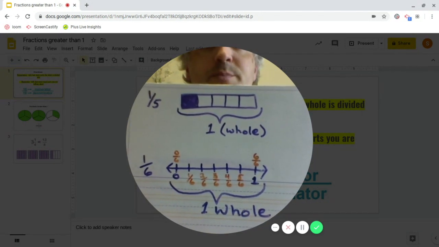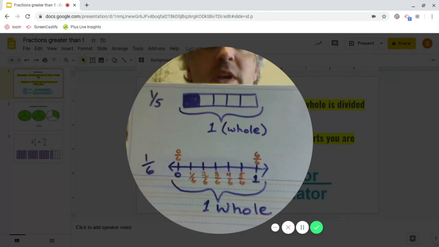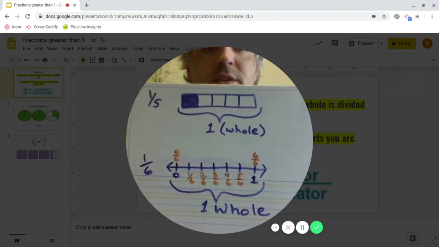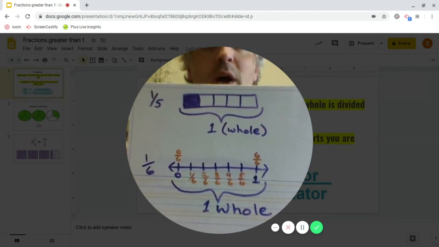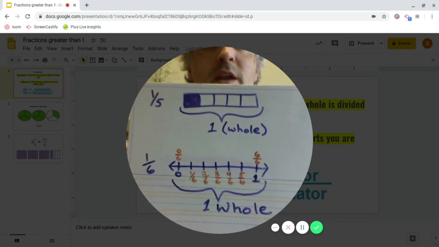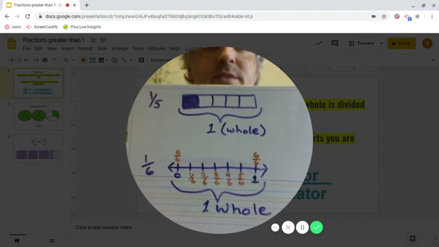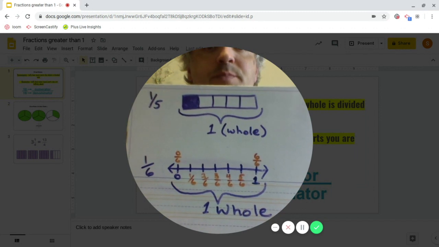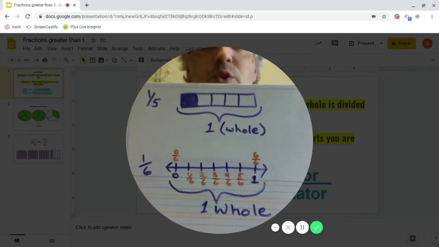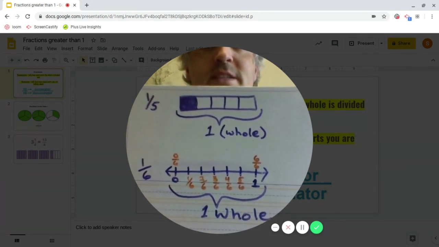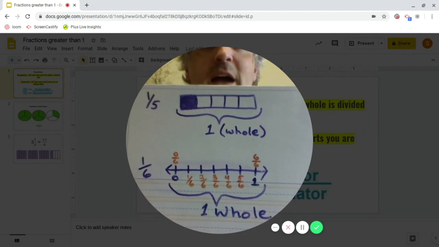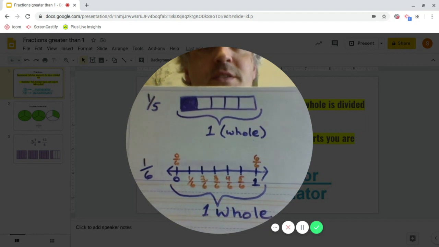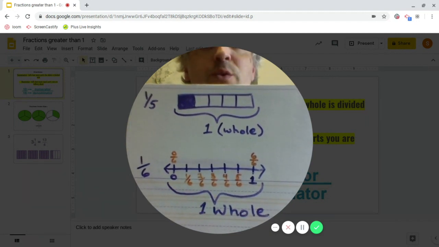So you'll notice 1/6 would be right where the first tick is, to the right of the 0. And 0 would be 0/6, so 0 parts. And then you have 1/6, 2/6, 3/6, 4/6, 5/6, and 6/6 equals 1, because 6 divided by 6 is 1. That equals 1 whole.